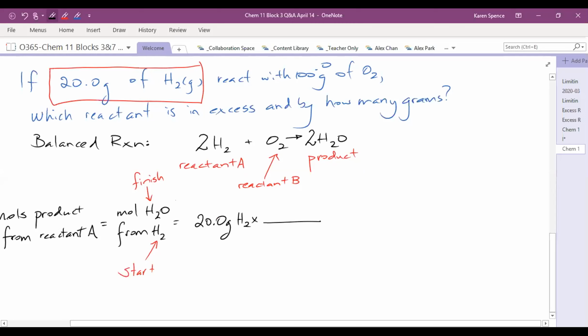Anytime you start with grams, liters, or molecules, always convert it into moles first. So we're going to cancel the grams of H2 and find the moles of H2. The molar mass of H2 is 2.0, so that's for every 1 mole of H2.